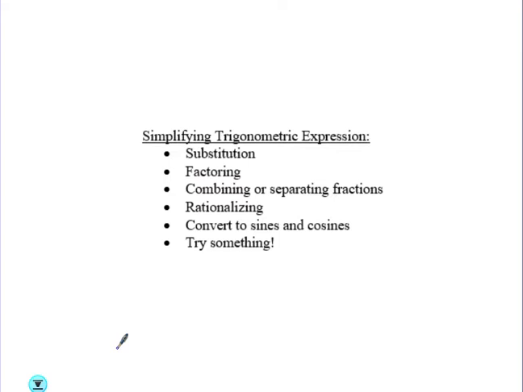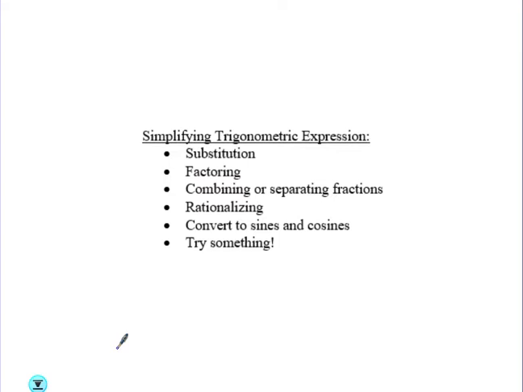Use the identities, try to substitute part of the identity in for something else in your expression. Factoring can be helpful, which we'll take a look at in a minute. You can combine or separate fractions. You could rationalize the denominator or sometimes rationalize the numerator. Changing everything so that it is in terms of sine and cosine only can sometimes be helpful.